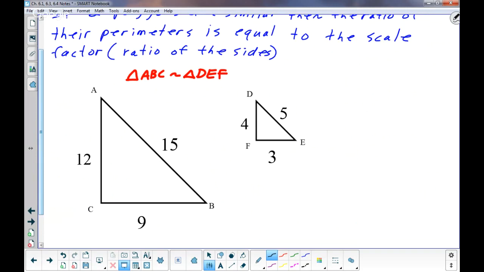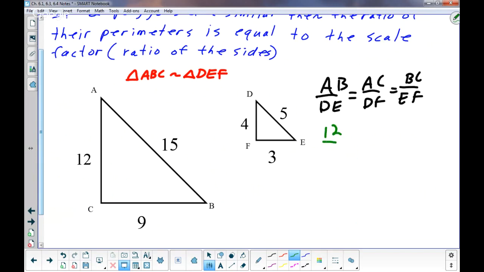And you'll notice, what's my scale factor between them all? It's 3:1 from ABC to DEF. So let's think about this. If we just went AB to DE, and we did that from AC to DF, and did the same thing from BC to EF, and we put the numbers to it, we should still get the same scale factor.